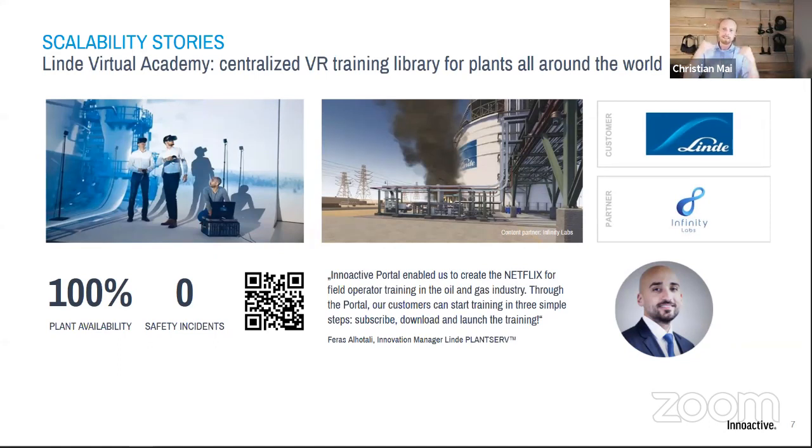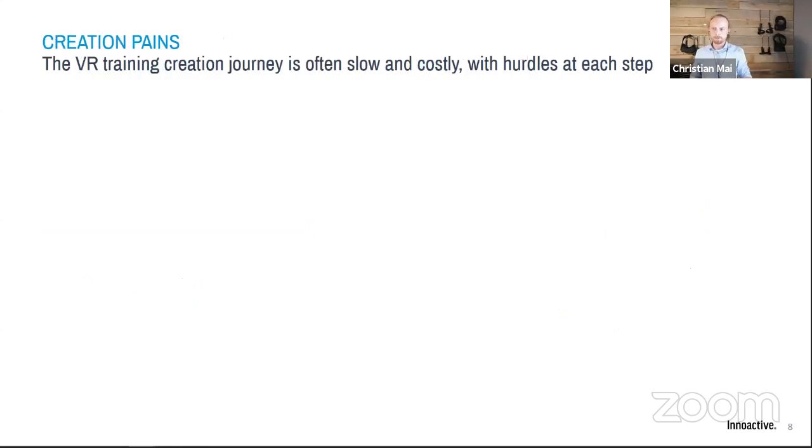As soon as they sell a plant, they will give our portal with it, or sell our portal with it, and actually create revenue with the trainings for virtuality they are offering to their clients. And this is the whole bandwidth. So what everything is going for is produce more content in less time, and that's what we need to achieve.